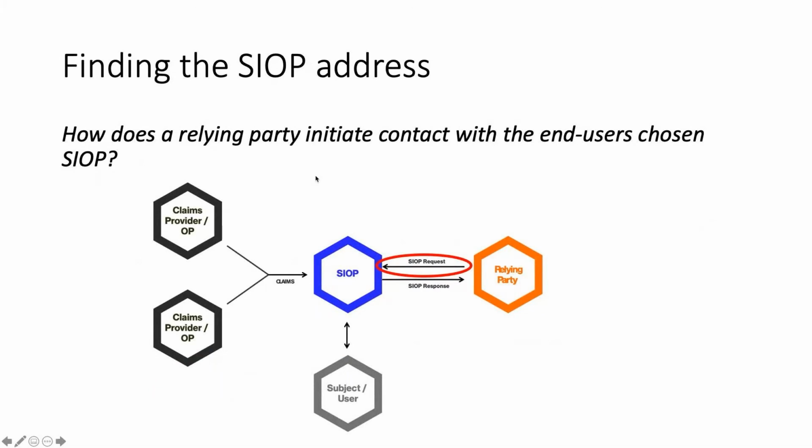One of the next items on the SIOP laundry list is a way to find the SIOP address. So essentially, what we mean by this is, how does a relying party establish communication with a user's elected provider in order to conduct an OpenID Connect transaction?